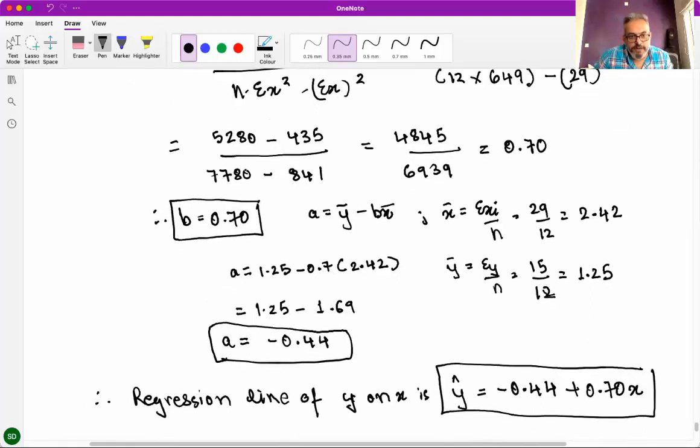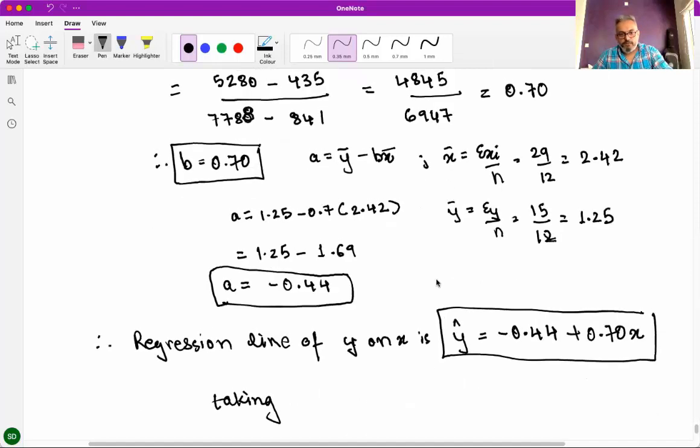Here there is 7788. So you write this as 7788 minus 841, which comes to 6947. However, because the difference is minor, your answer does not change. So it remains the same 0.70.